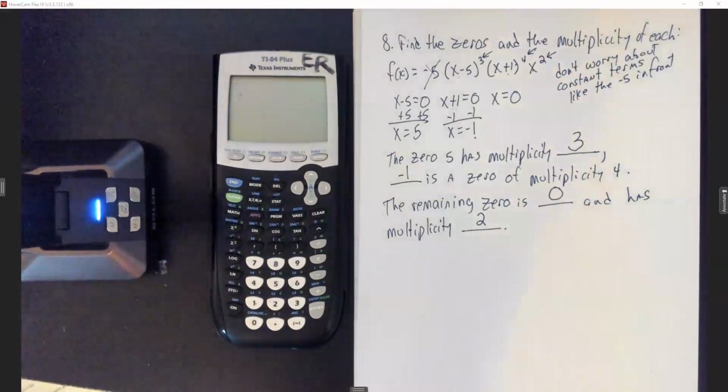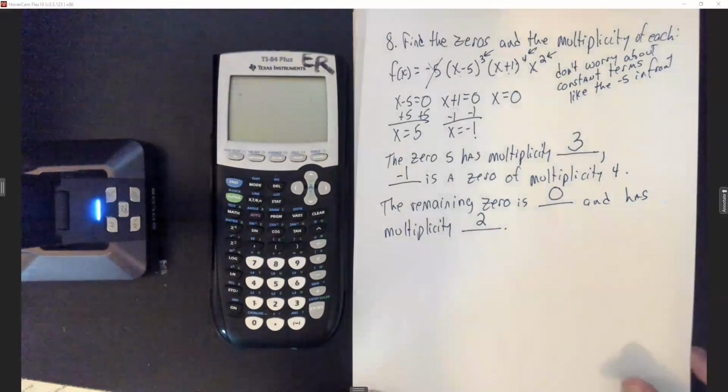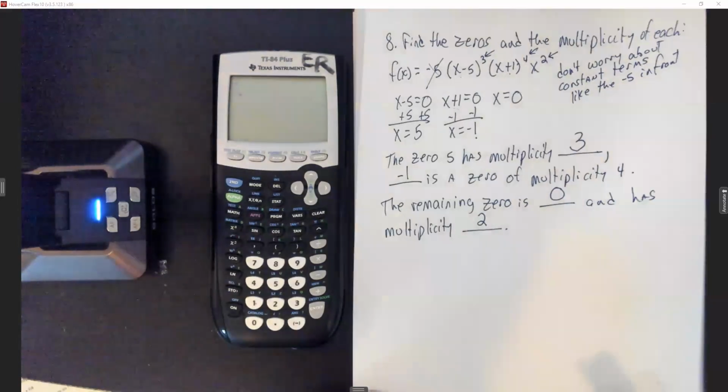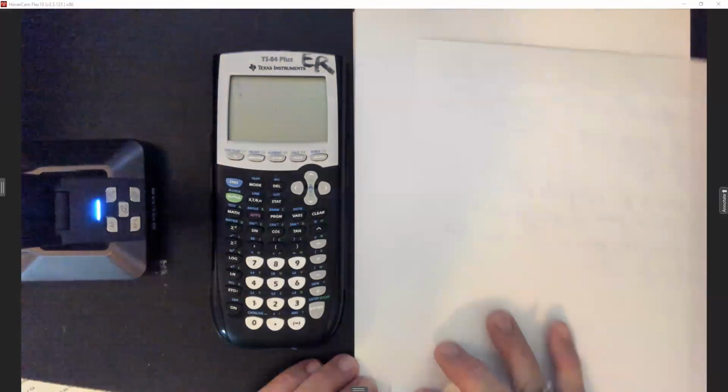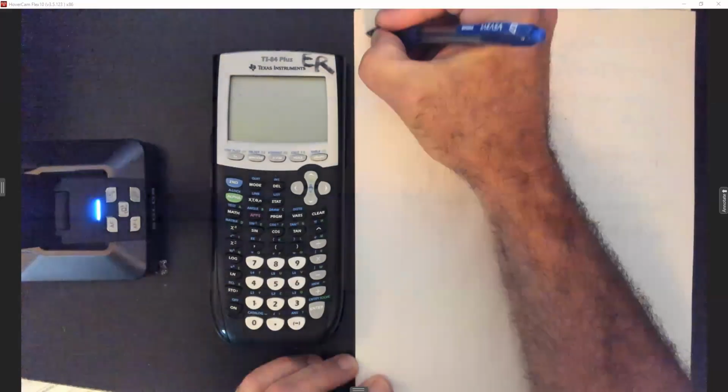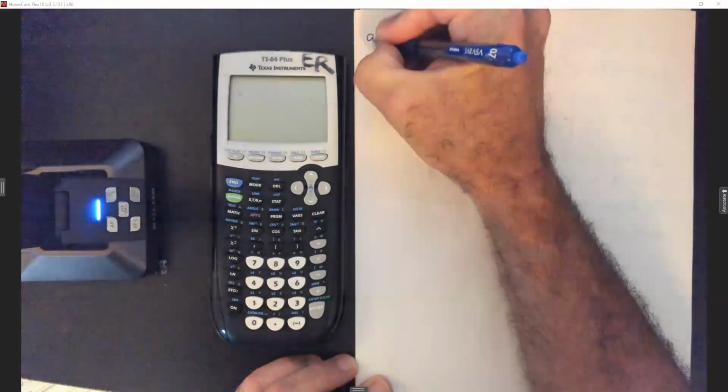Oh, okay, so I'm going to have to pull out more paper for this one. So let me turn this over. So y'all, number 9 is tricky.